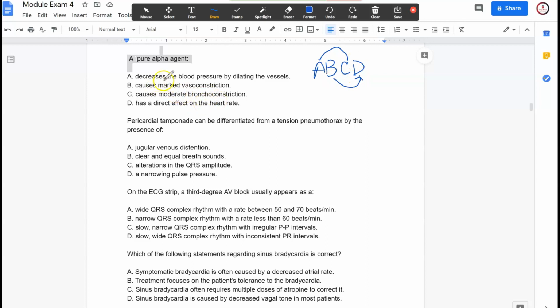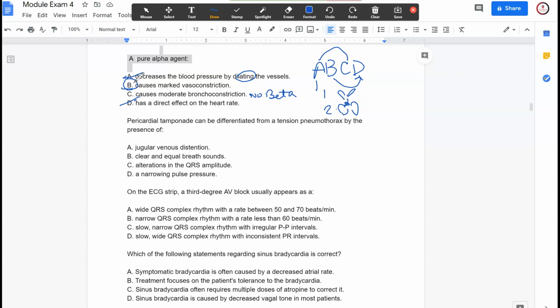Okay, so we have decreased blood pressure by dilation? No. Direct effect on the heart rate? No. Moderate bronchoconstriction? No, it's usually the beta, right? The lungs, because you have one heart and two lungs. So your alpha doesn't really impact the lungs directly. So marked vasoconstriction.